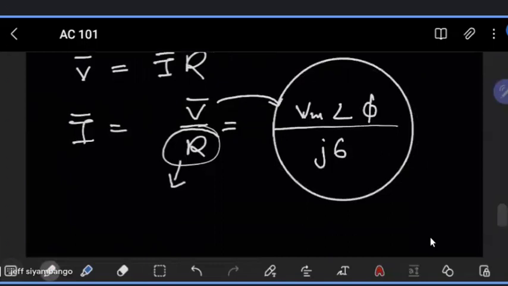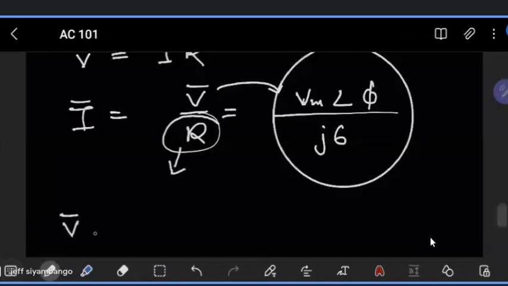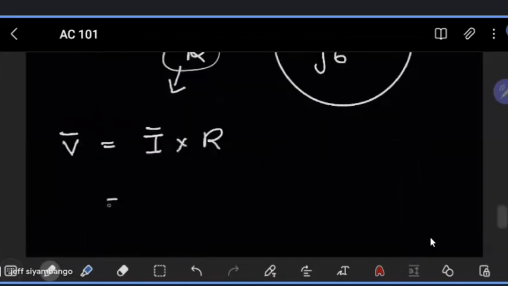And if, let's say, you were instead just going for V phasor itself, notice that now you'd have to multiply I phasor with the resistance. Again, I phasor being a phasor current, it can be written in terms of Im, and then with a phase angle like this.